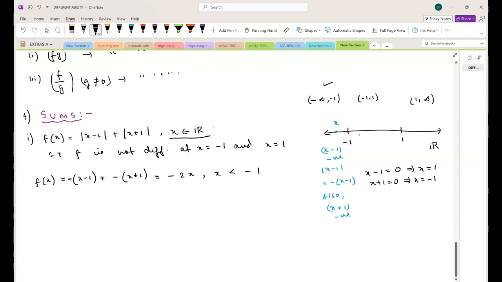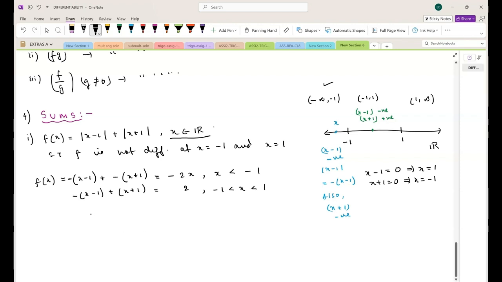Now what happens when x is in −1 to 1? If you calculate it similarly, you will see that in this case, when x is here, your x − 1 is negative, but your x + 1 will be positive. So accordingly, the function redefinition becomes −(x − 1) plus (x + 1). That means it is just 2 when x lies between −1 and 1.